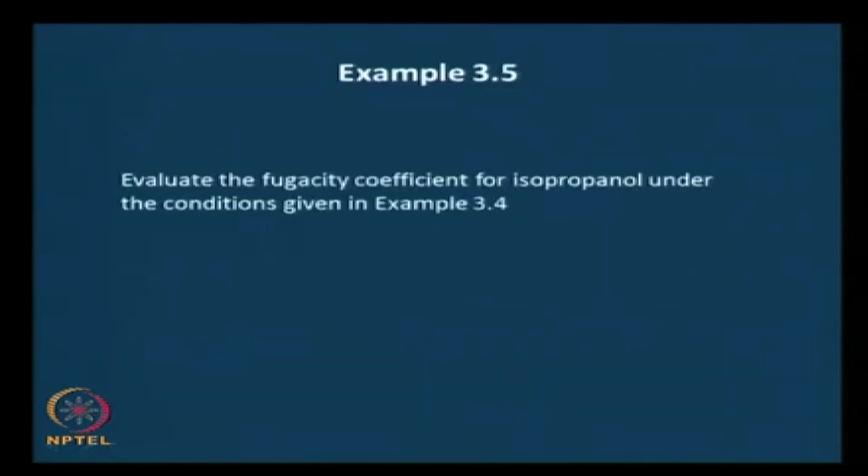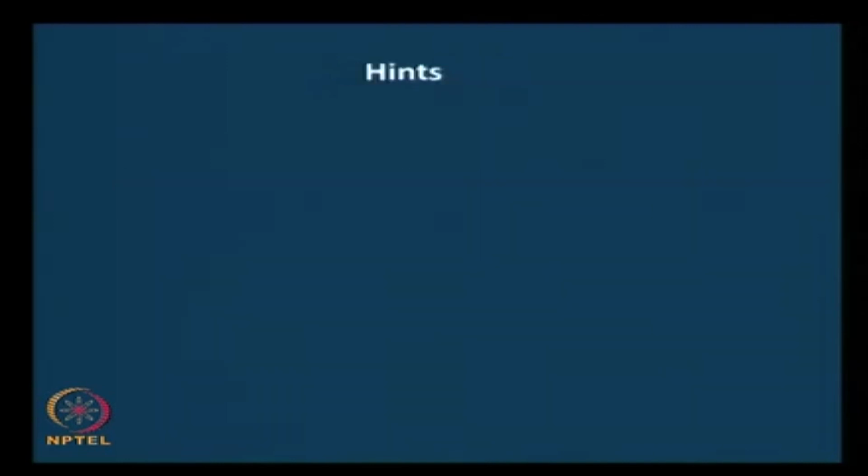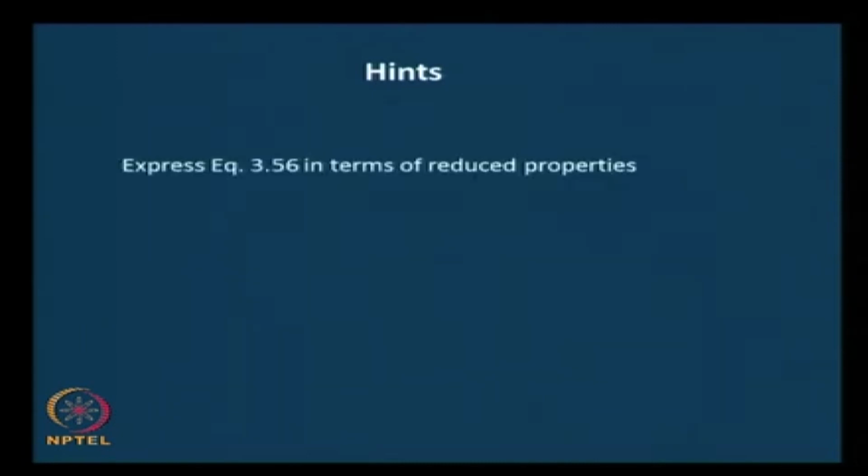This example was a slightly more complicated one, needing slightly higher level skills of integration, not very difficult, but a higher level skill than what was required to solve the previous set of problems. And we went through solving the problem to get at the fugacity coefficient of isopropanol.